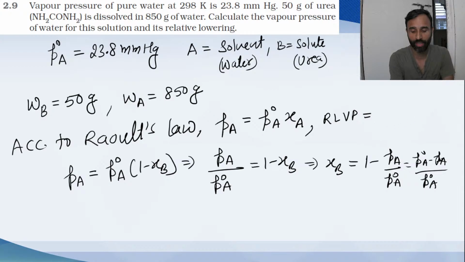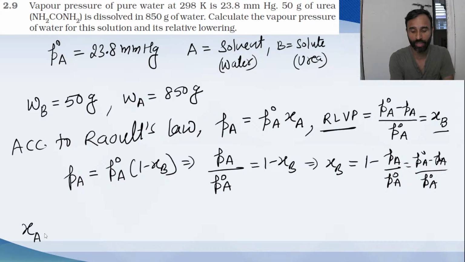So relative lowering of vapor pressure is P naught A minus PA over P naught A, and it is equal to the mole fraction of the solute. That we have to calculate. If we calculate XB, that is the relative lowering of vapor pressure, and PA. So now P naught A we have, but XA we don't have.